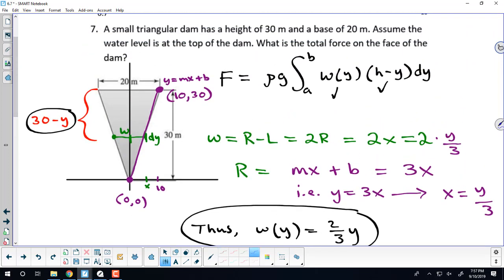But again, if we think about the density of water, kilograms per cubic meter, times gravity, meters per second squared, times the width function. What unit does the width function have? Meters. Height function, meters. dy, also meters.